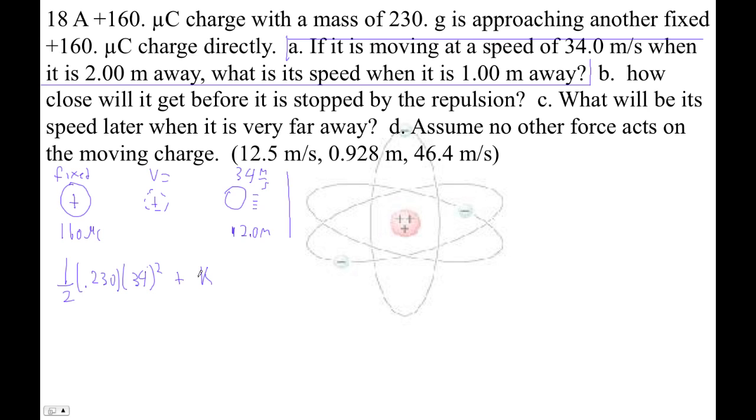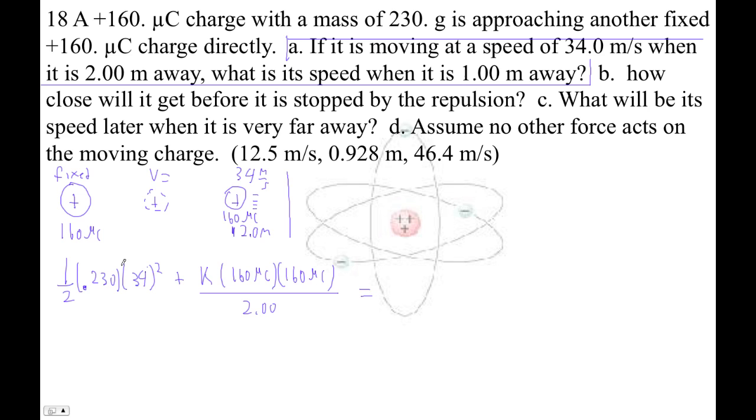So this is plus K, 160 microcoulombs. Remember, micro is 10 to the minus 6th. They're both 160 microcoulombs, positive charges, divided by 2 meters. So this is the total energy when it's 2 meters away.